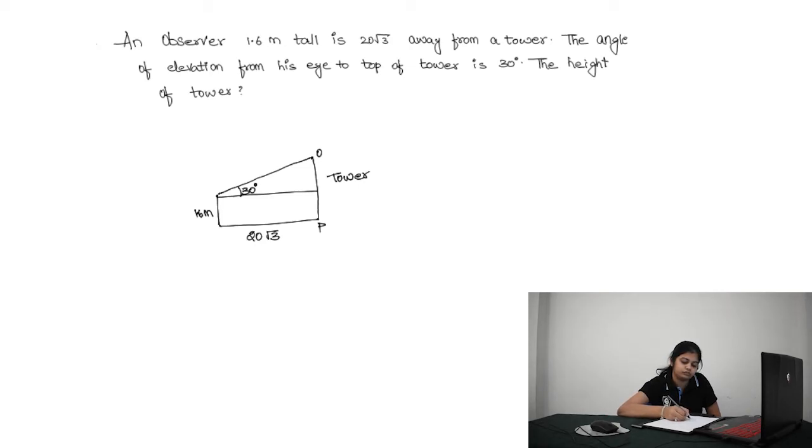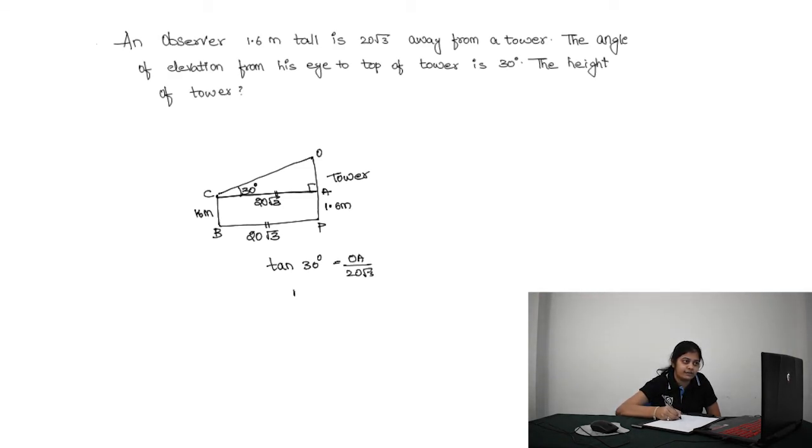Let us assume the points here as A, B, and C. As the lengths PB and CA are equal, we can say CA is 20 root 3 and AP is 1.6 meter. Now tan 30 is equal to OA by 20 root 3.